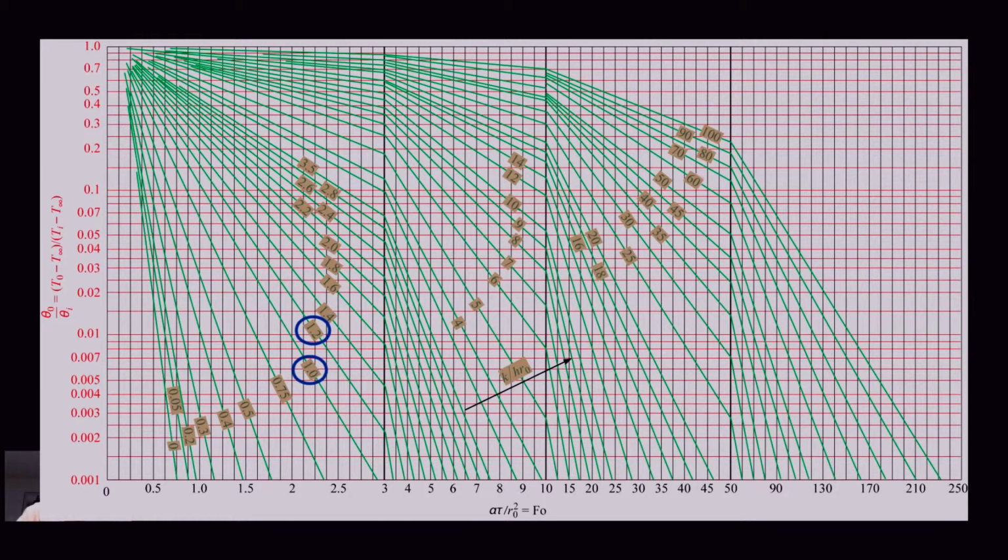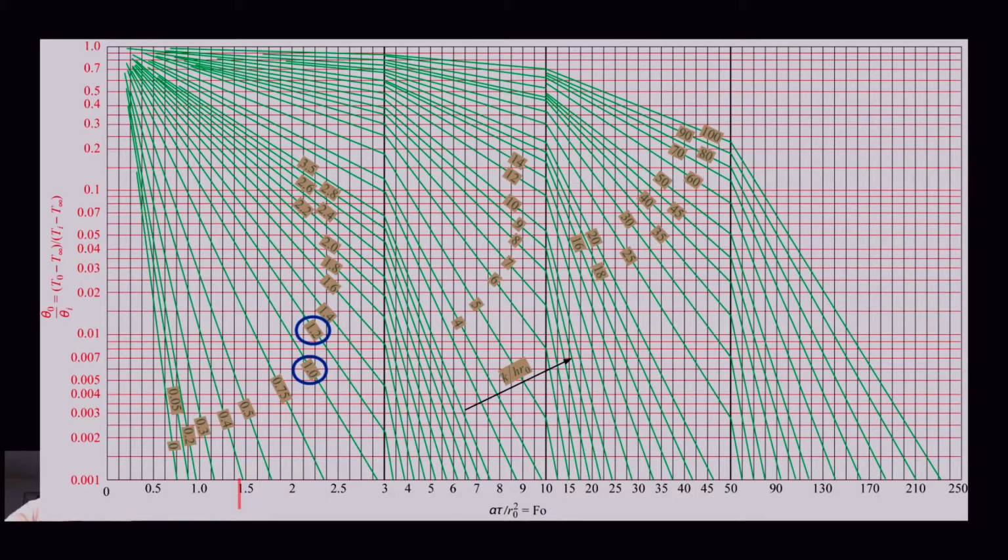And then what about the Fourier number? We had 1.459, so there's 1.5, there's 1, 1.1, 0.2. What are the increments of this? I would say 1.459 is probably somewhere right about here.